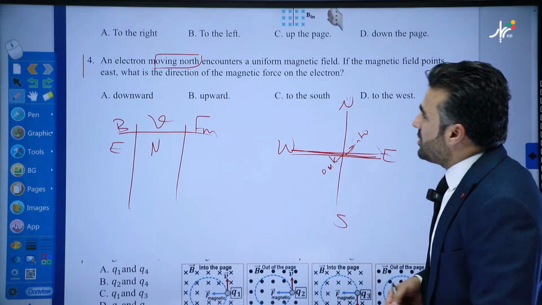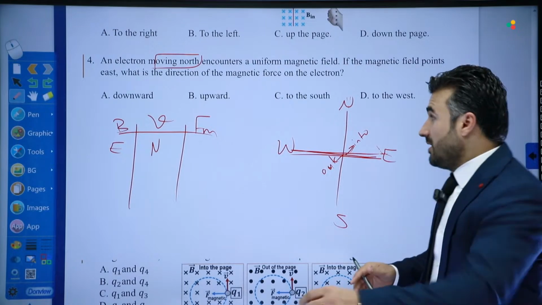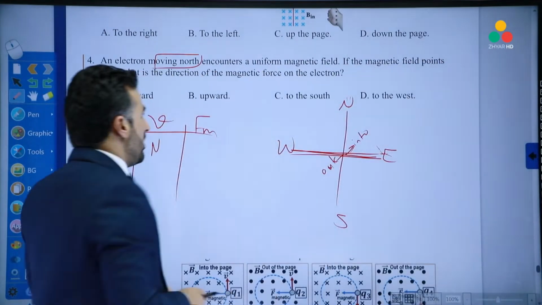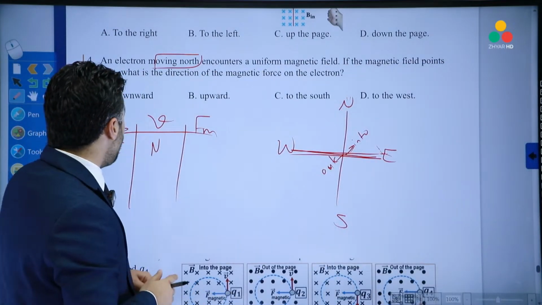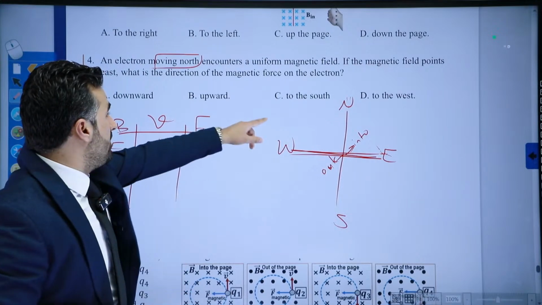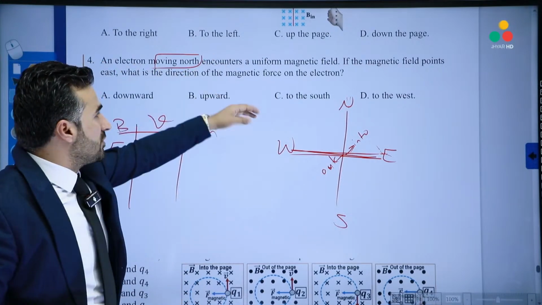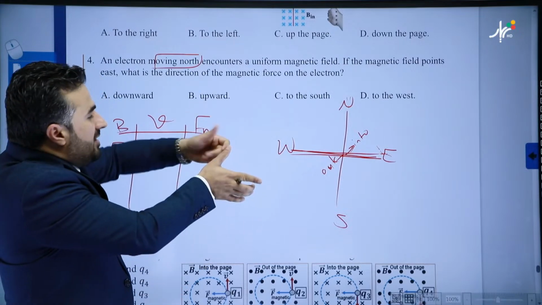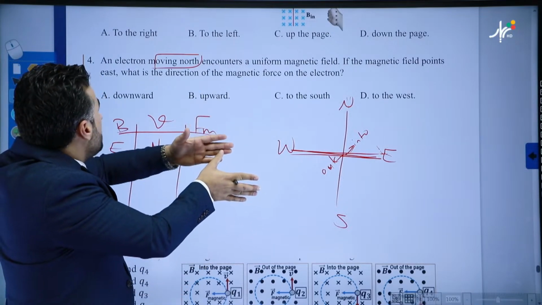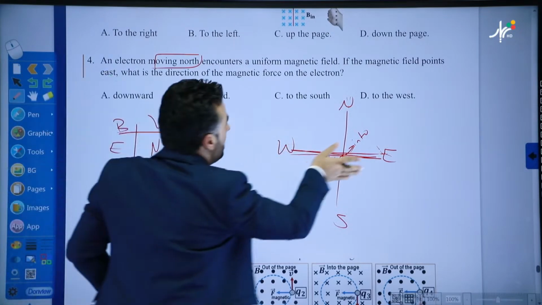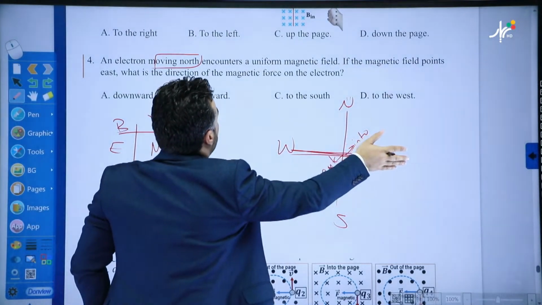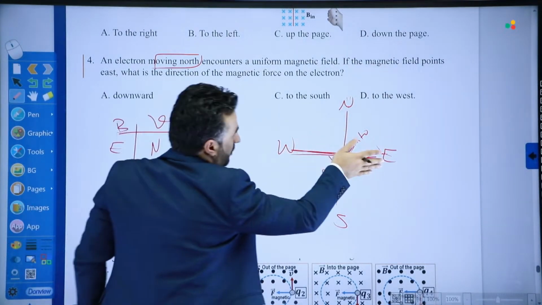So if that is the case, remember, we're talking about an electron here. How about you align your hand the same way. We have the motion going north. An electron moving north encounters a magnetic field. So here's the direction north, that is the motion, and the direction of the magnetic field is towards east. So what is the direction of the magnetic force here?